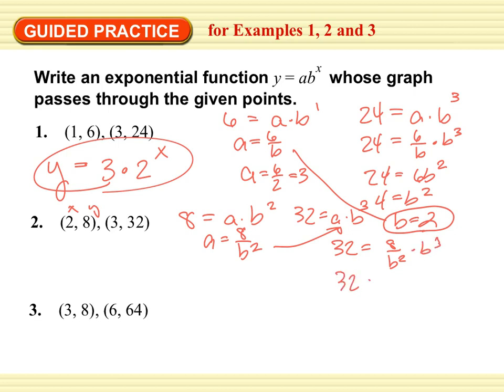So 32 equals 8b, or b equals 32 divided by 8, which is 4. Okay, plug that back in. a equals 8 over 16, or 1/2. So y equals a times b to the x. Perfect.